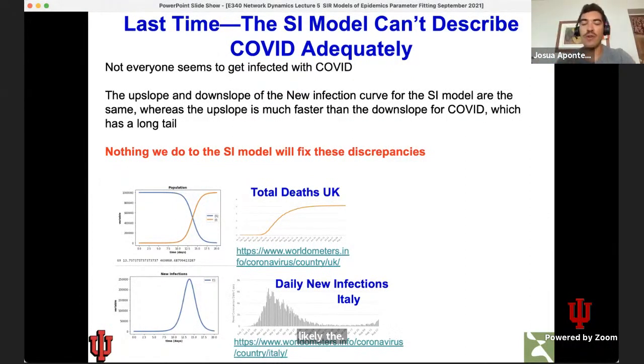Now it seems that we have a little bit of data about it. It seems to be, for example, more common than some other diseases, but it's still not super common to be reinfected with COVID.